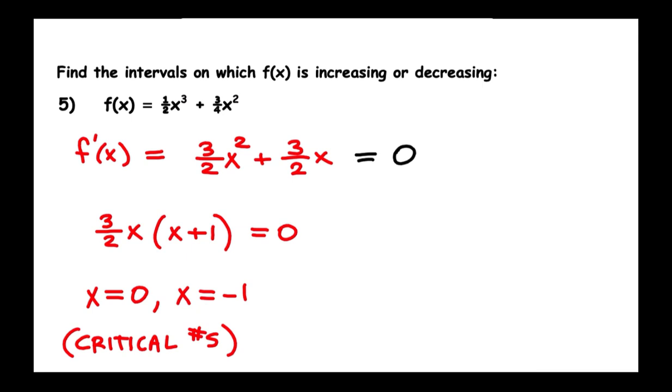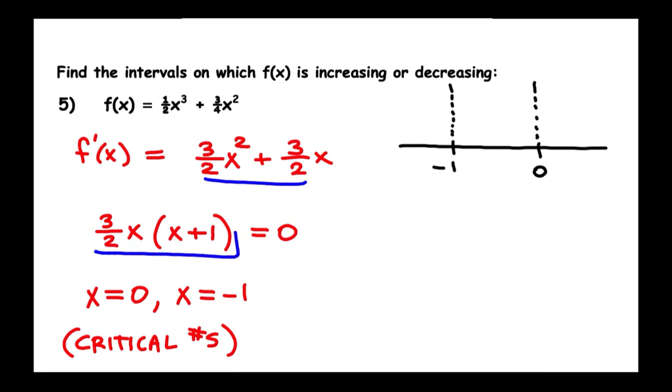Now I'm going to go ahead and make my sign chart, and I'll put the 0 and -1 on it, and I'll test each region to see what's happening. All right, let's try a number from the left region. How about -2? And I'll just put it into the first derivative. I could put it in here, but it would be easier to plug it in right here, where I don't need the equal 0 anymore. That was just to find the critical numbers. All right, -2 goes in. 3/2 times -2, of course, is going to be negative.